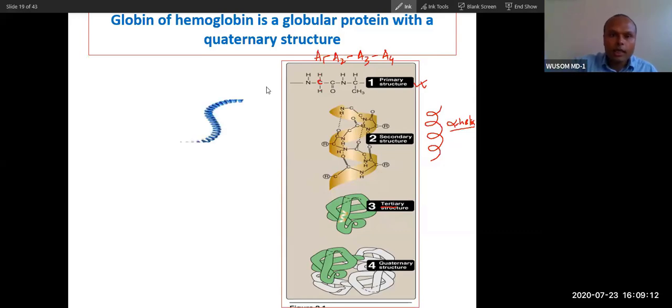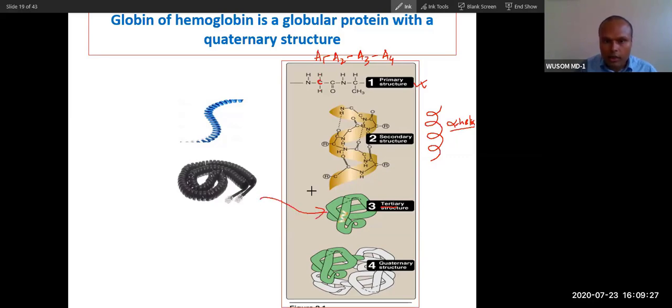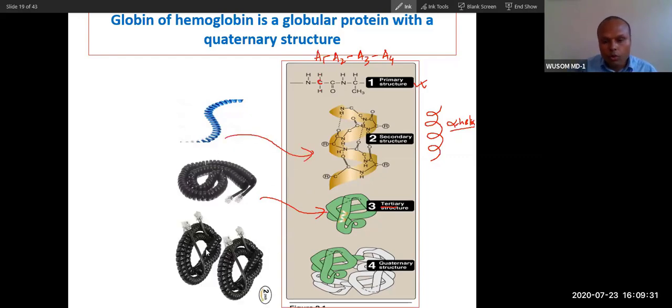Take the analogy of a telephone wire: you can see the folding of this alpha helix on itself from secondary to tertiary structure. When two or more of these tertiary structures come together, this is called quaternary structure. Now hemoglobin correlates with this structure, and myoglobin correlates with that structure.